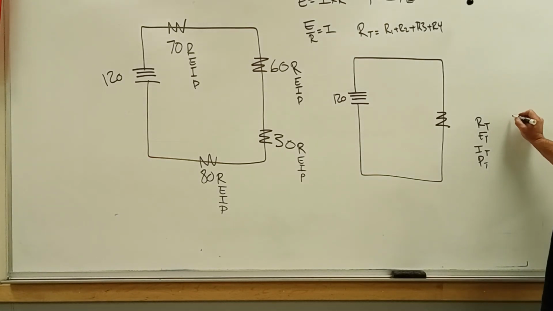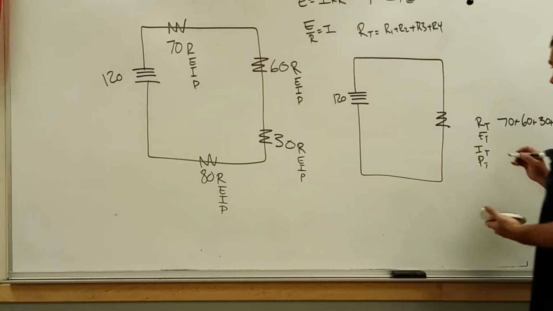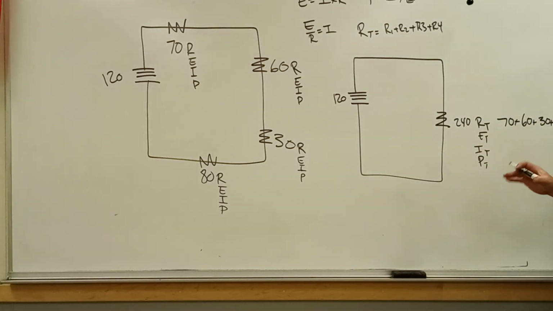To find your resistance, 70 plus 60 plus 30 plus 80. We have 240 total ohms in our circuit.